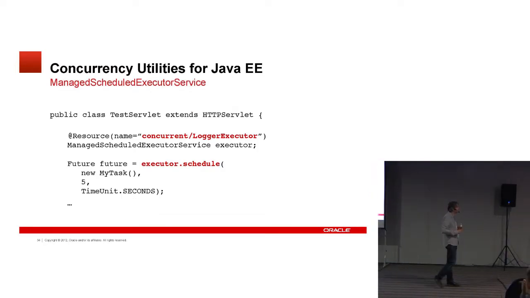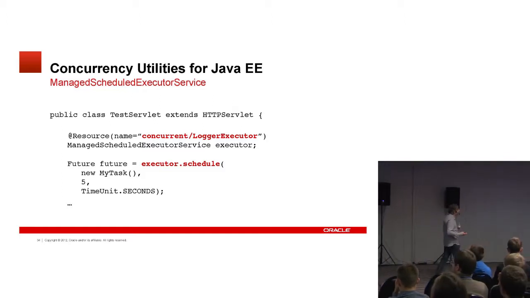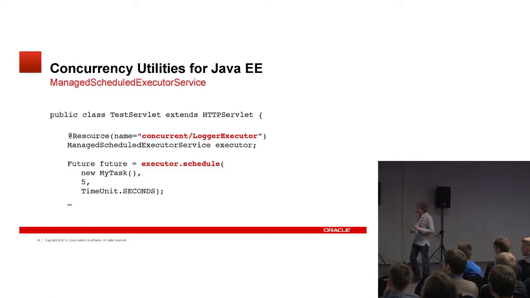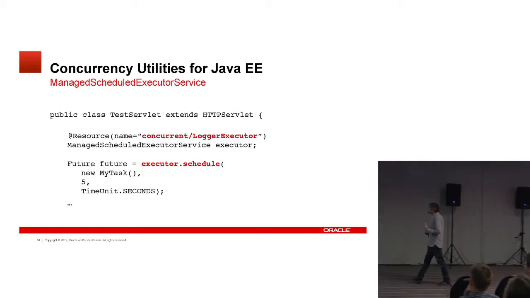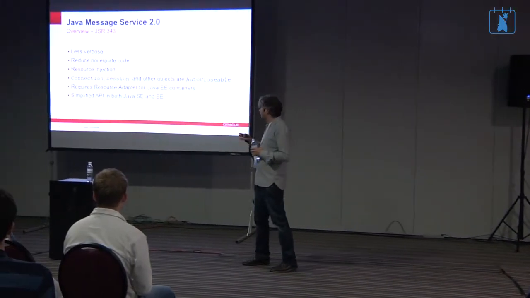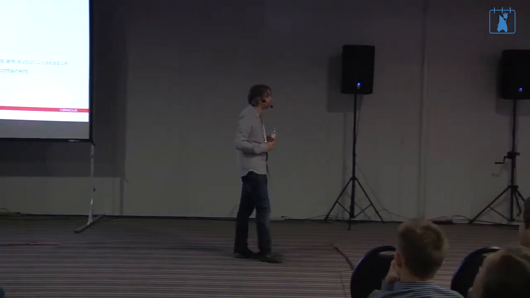Another executor service we have is like the first one, but it has the temporal notion. In this case, we say that we want this task to start in 5 seconds, for example, and so on. There is a lot more in this API, but I have to move on.